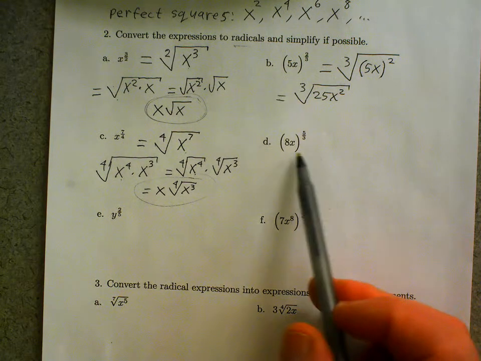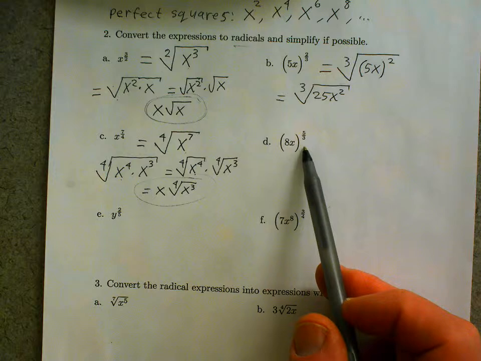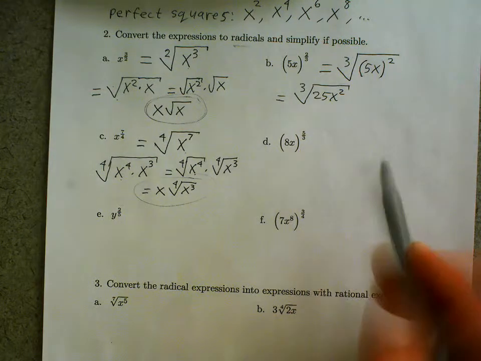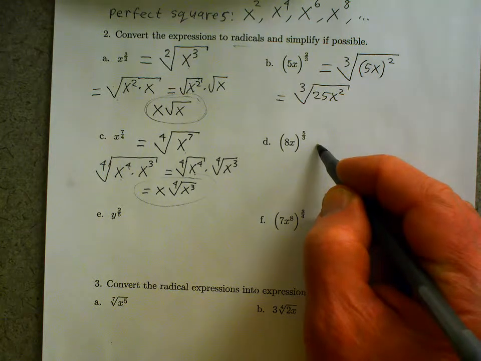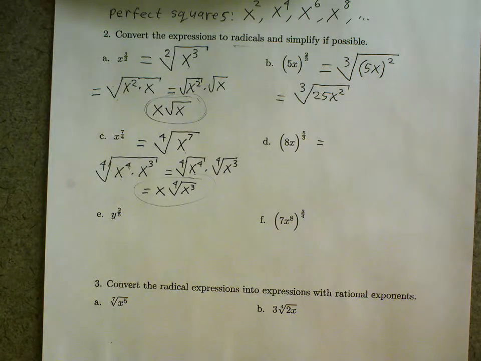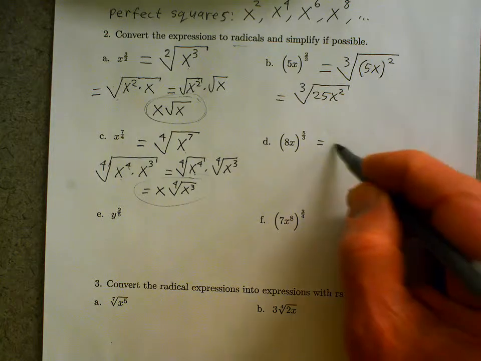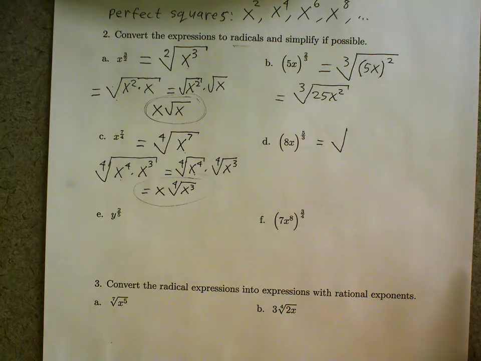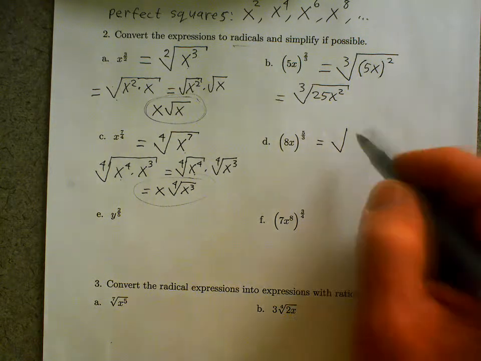Okay, the next one, 8x to the 5/3. Convert this to a radical. The denominator of the exponent is 3.